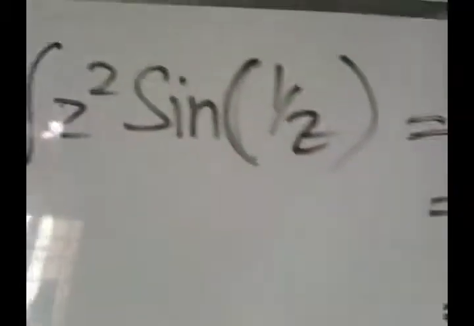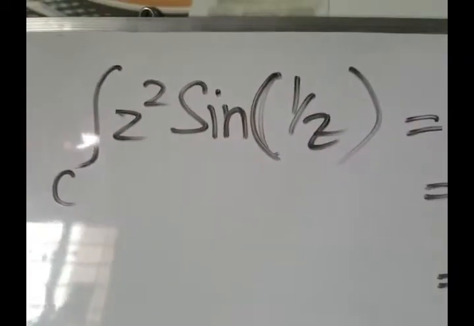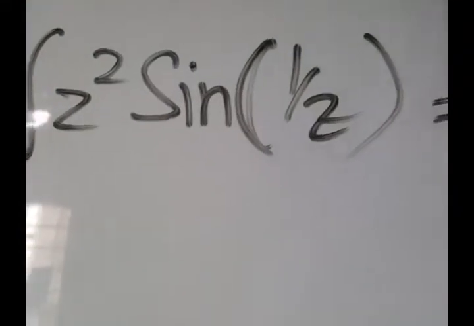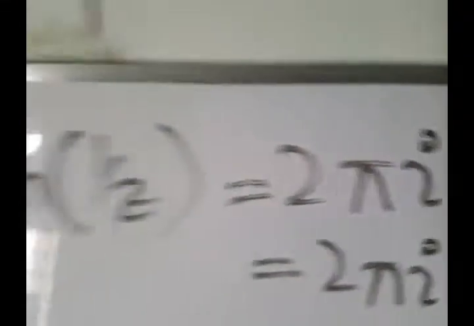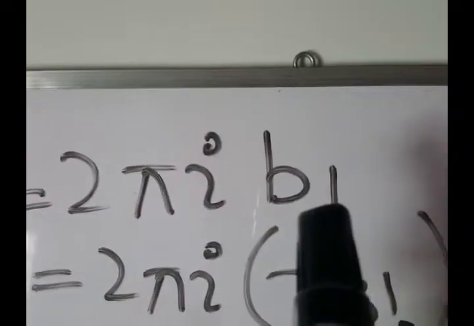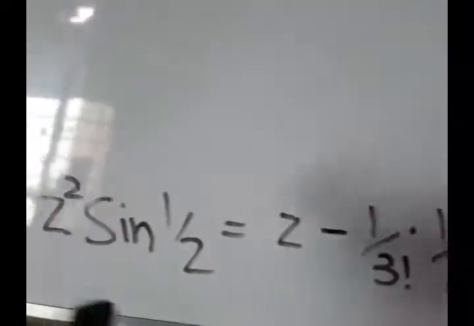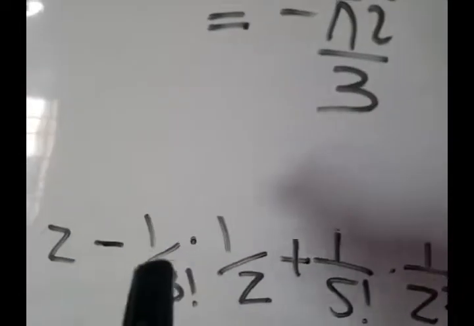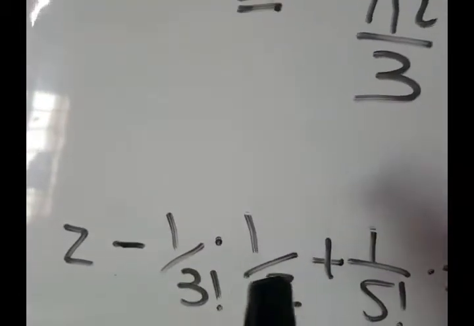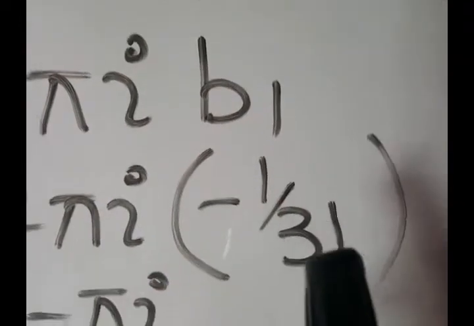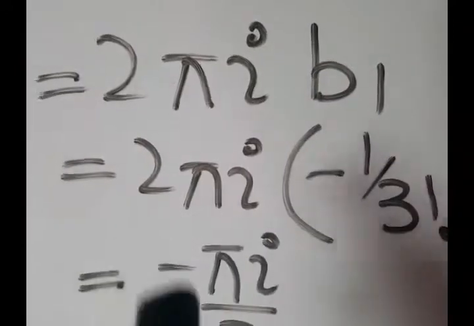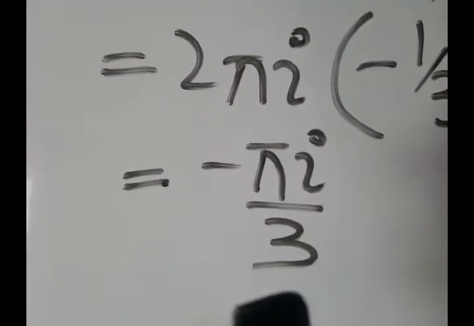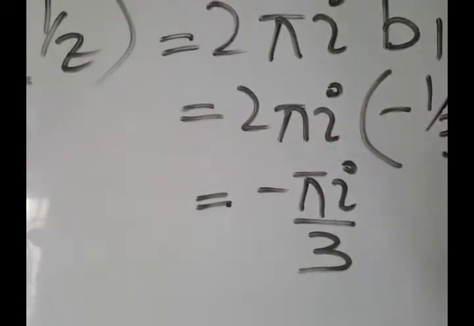I told you with the help of residue we can solve the particular integral by multiplying b1, that is called residue, by 2 pi iota. So the value of this integral is equal to 2 pi iota multiplied by b1, that is residue. And for our integral, we have residue minus 1 by 3 factorial, that is the coefficient of 1 over z. So writing b1 here as minus 1 by 3 factorial and multiplying it by 2 pi iota, we get minus pi iota by 3. So that is our result.